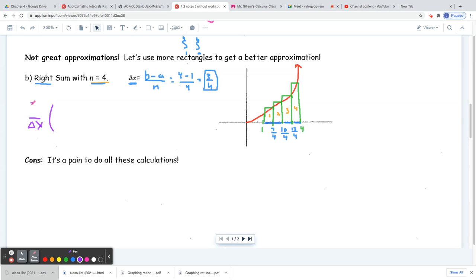In this case, it's 3/4. We will always put delta x on the outside. So it's going to be 3/4. Hold on, I don't like the way that looks. Back. Erase.